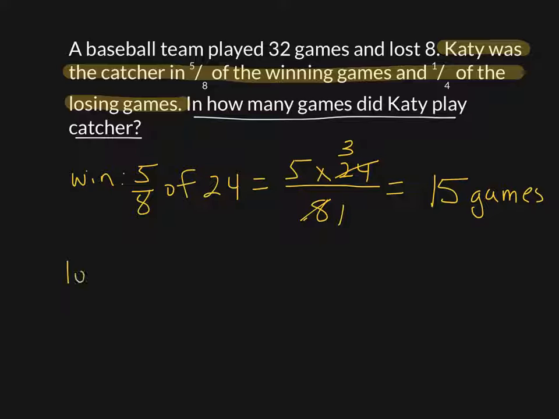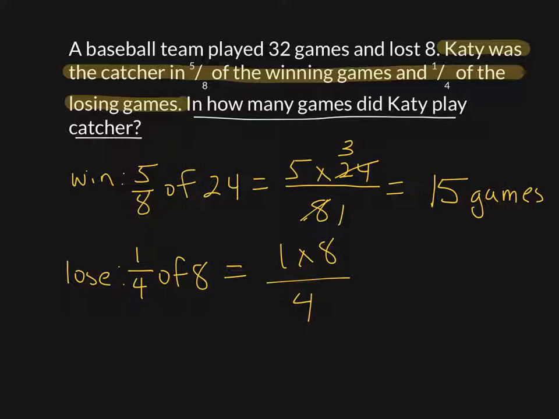And now we have to find out in the losing games, how many did she play catcher? So they lost 8 games, and she was catcher for 1/4 of those games. So 1/4 of 8. And we will write that as 1 times 8 over 4.